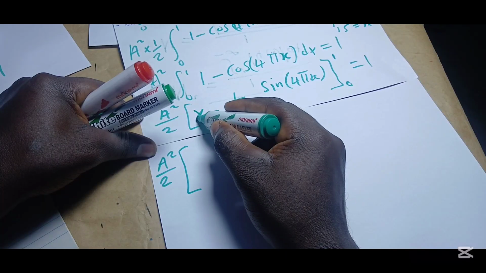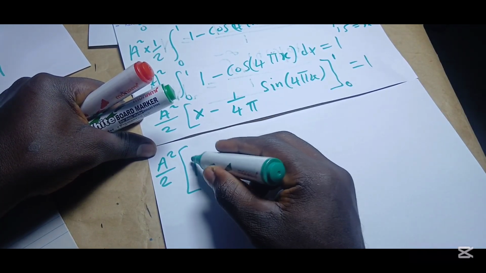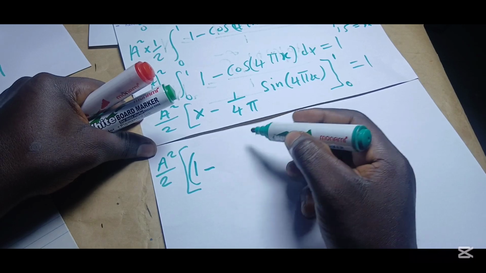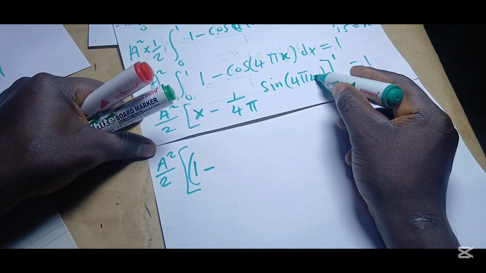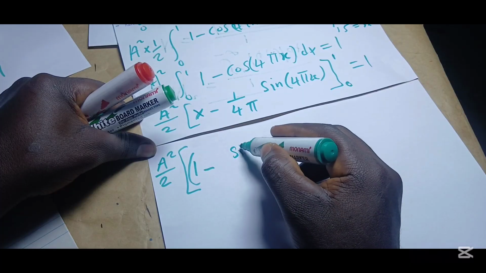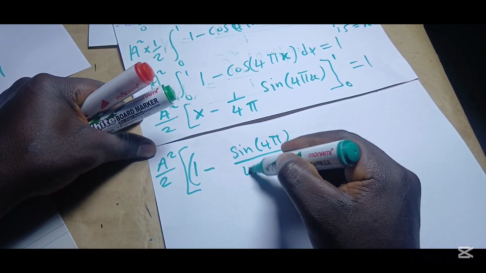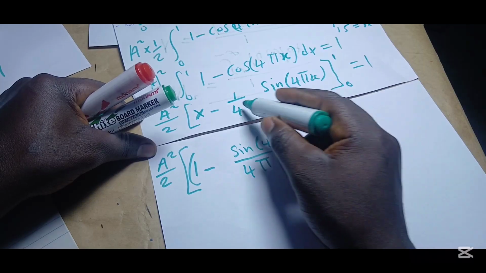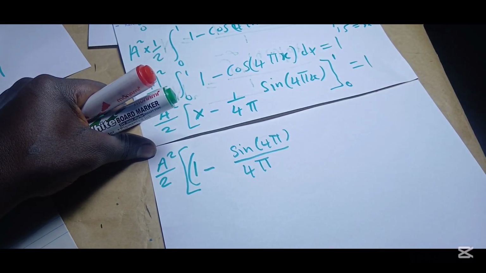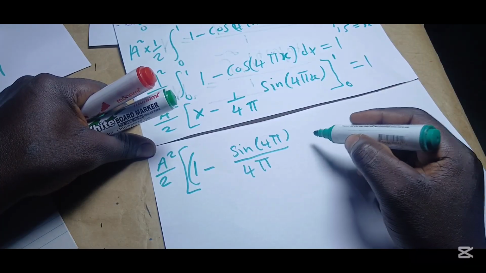Wherever we see x, we put in 1, the upper limit. So 1 minus sine 4 pi all over 4 pi. You can write this term here like this.